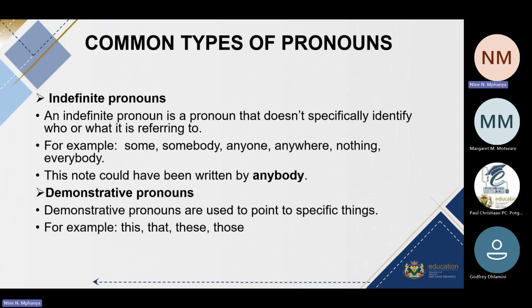These are your demonstrative pronouns. "This is my favorite shirt." In past tense, it would be "That was my favorite shirt." So both of them, this and that, are demonstrative pronouns.